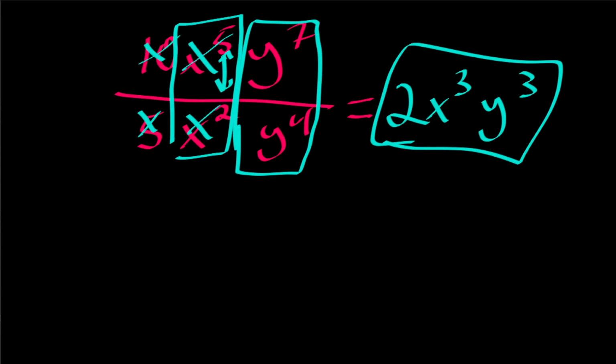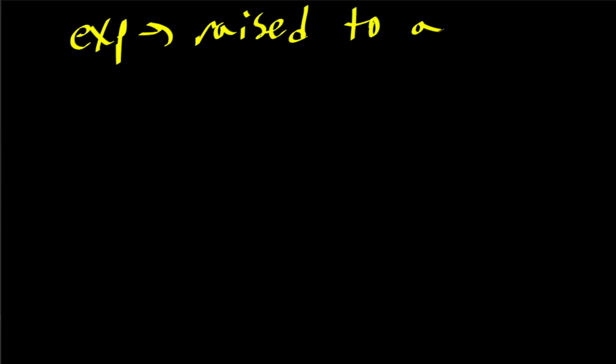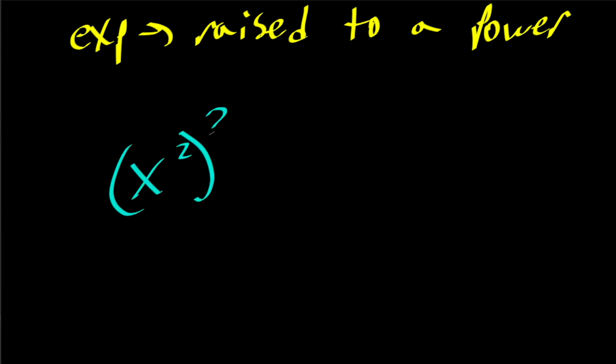All right, so now let's look at one more before we go to what I would call maybe the most difficult to understand. But before we get to that, this is called a power rule. So we will write it, exponents raised to a power. So it's basically like taking an exponent of an exponent, or raising an exponent to another power, like let's say we have x squared to the 8th.